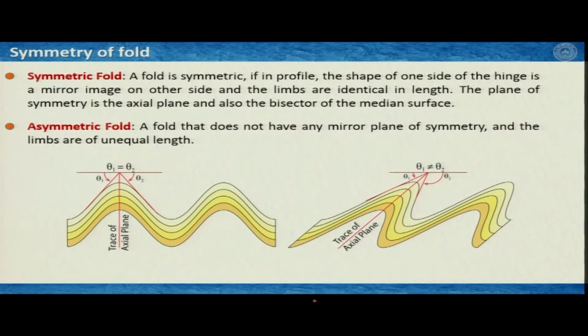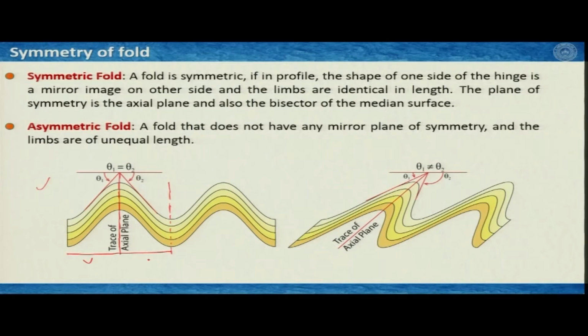Let us concentrate on these two illustrations in this slide. The first one is an illustration of a symmetric fold. As you can see here, if I bisect the fold with this red line here, then this part of the fold and this particular part of the fold are related by the plane of symmetry, the mirror plane of symmetry.